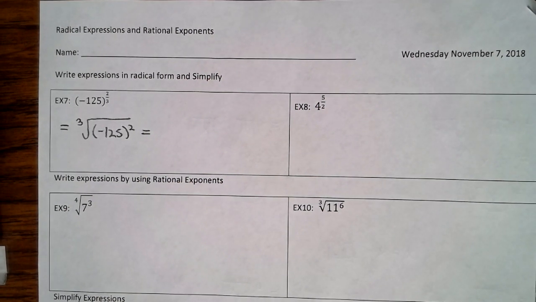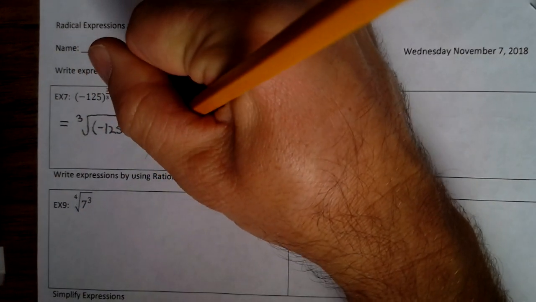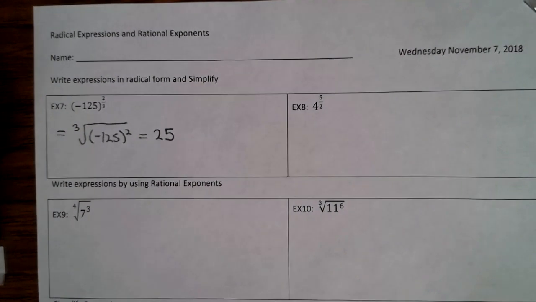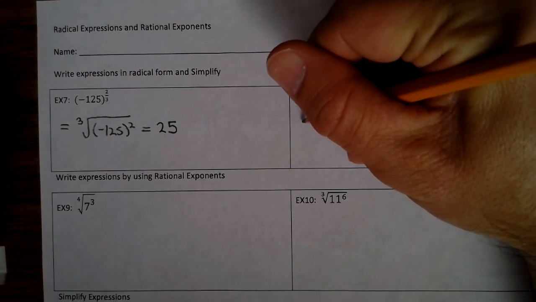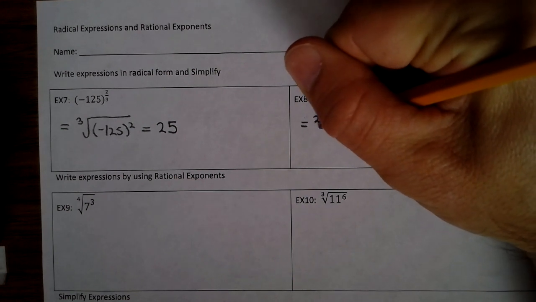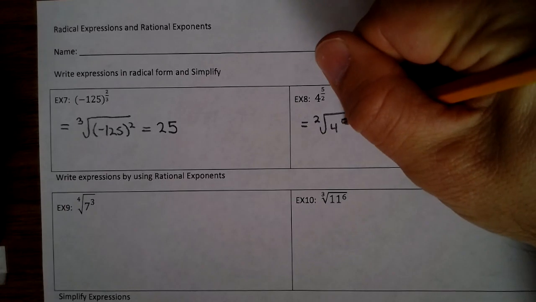All right, now example 8. Same thing, that would become the square root of 4 to the 5th power, which would make that equal to 32.